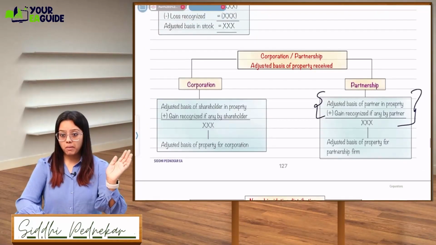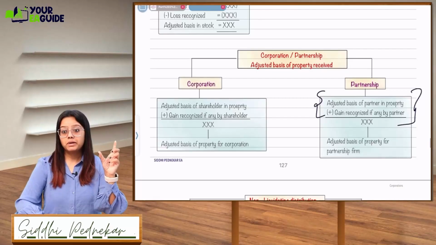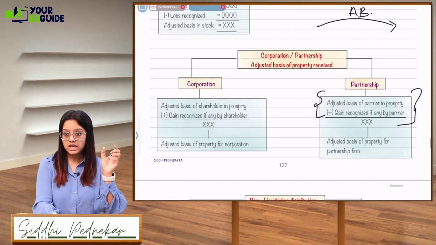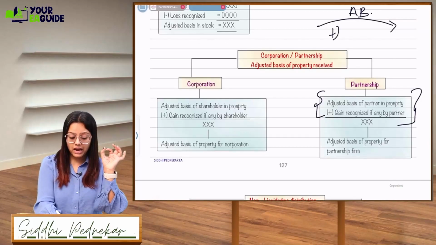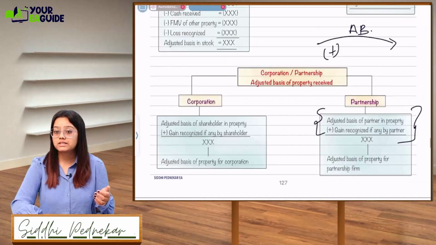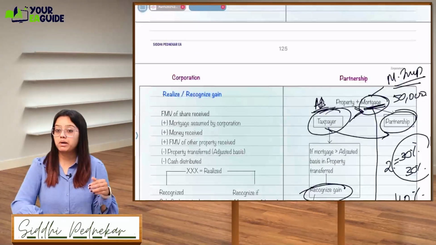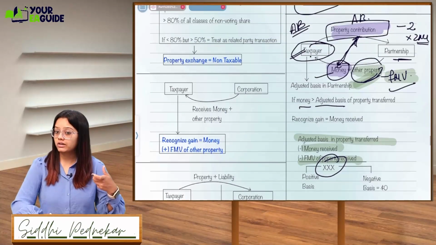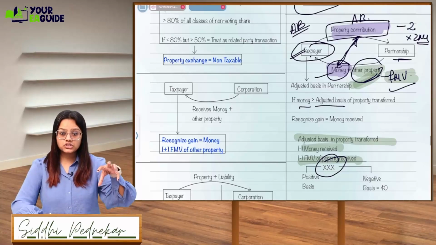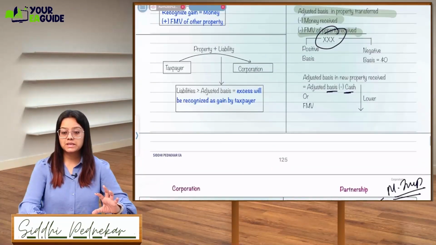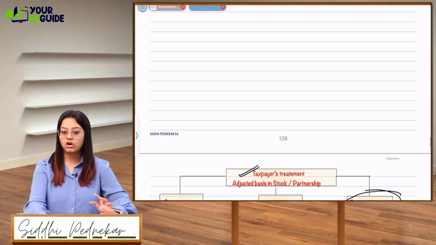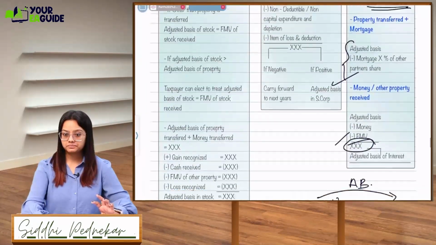Adjusted basis of property which a partner is transferring, right? In this you are going to add what gain the partner has recognized. In the second scenario, if you have seen, if the money received is more than the adjusted basis, you are going to recognize the gain. That much gain which you have recognized, you simply have to add to your adjusted basis of property received.